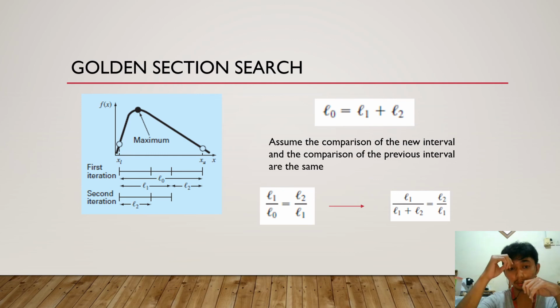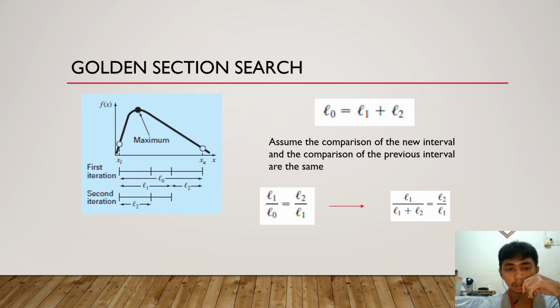In the golden search, we can say in this figure that it is bounded by xl, which is x lower, and xu, which is x upper. We can notice that this black dot is the local maximum of the function.